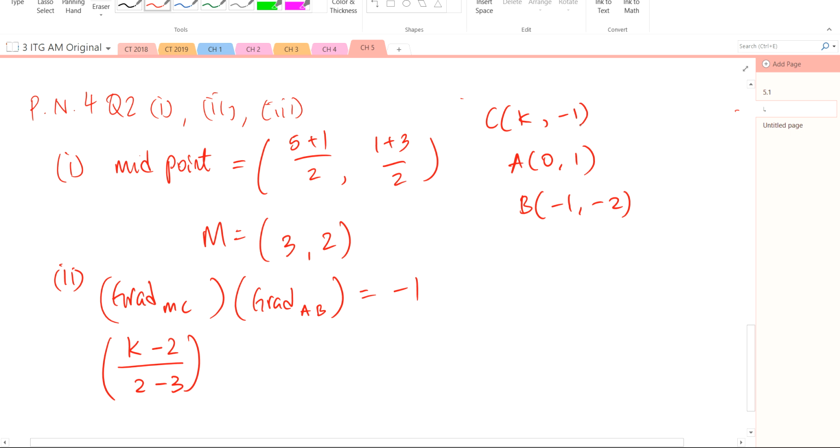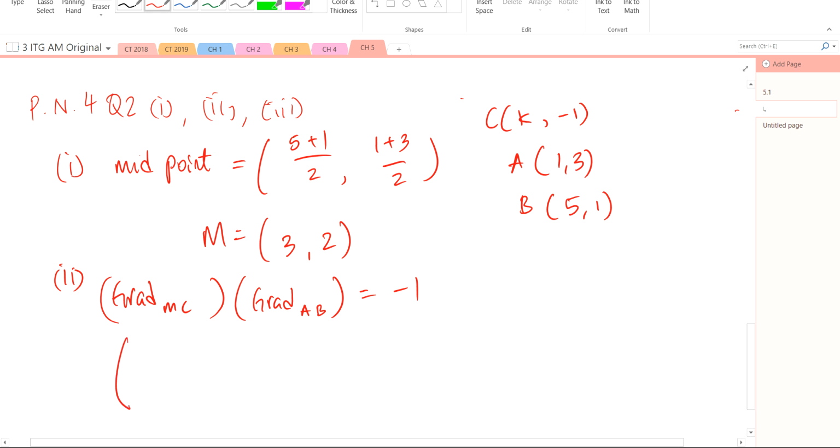For A, we've got 1, 3. For B, it's 5, 1. So for MC, gradient of MC is -1 minus 2 divided by K minus 3. That's the gradient of MC. Is it correct now?